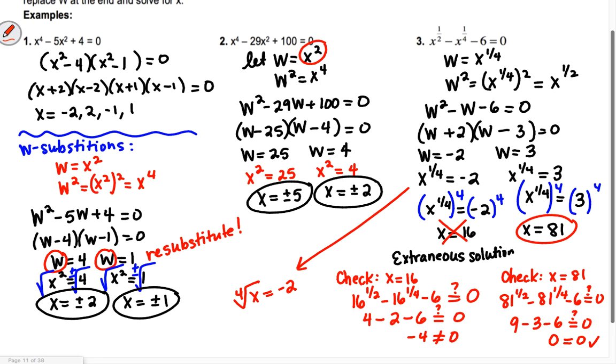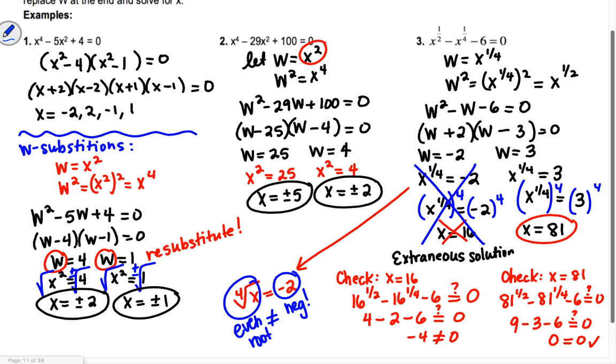I can't take the square root of something and say, oh, that's equal to a negative, right? There's already like a positive sign in front of it. So it doesn't work. So you can't take the 4th root of something and get a negative. So it's negative, and this is an even root. So an even root cannot equal a negative number. When you see that, then you can just stop right there and not do that side.